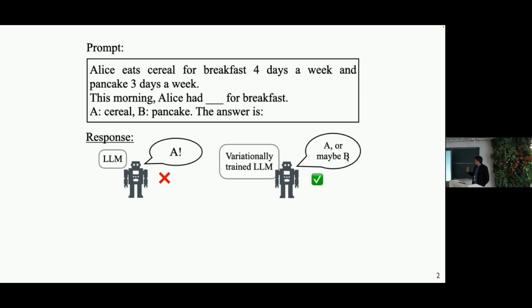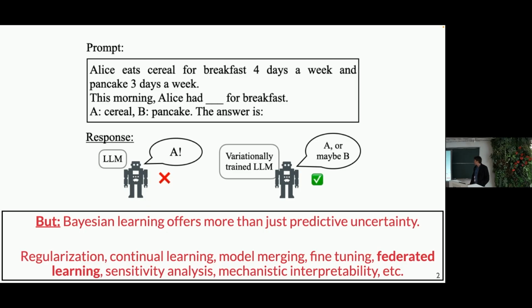This is the classical way that Bayesians motivate their existence, but for us, it's just a small, nice bonus. I hope to show you in this talk that Bayesian learning offers much more than just improved predictive uncertainty. It helps for regularization and generalization. It's very useful for continual learning, model merging, fine-tuning.